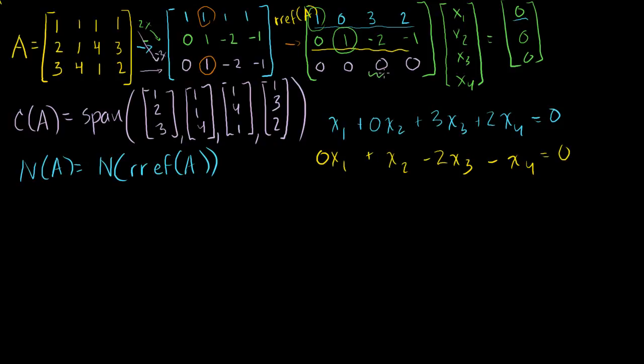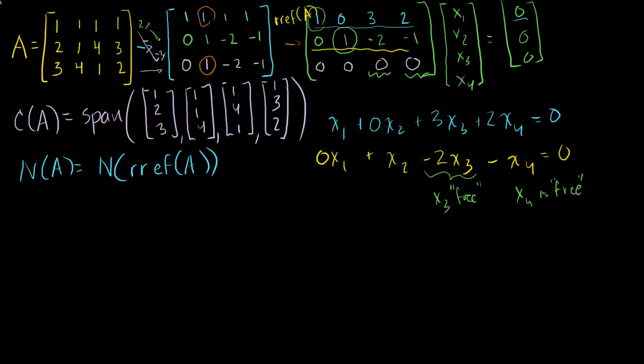So this column has no pivot entry, and so when you take the dot product, this column turned into this column in our system of equations. So we know that x3 is a free variable. x3 is free. We can set it equal to anything. Likewise, x4 is a free variable. x1 and x2 are pivot variables because their corresponding columns in our reduced row echelon form have pivot entries in them. Fair enough.